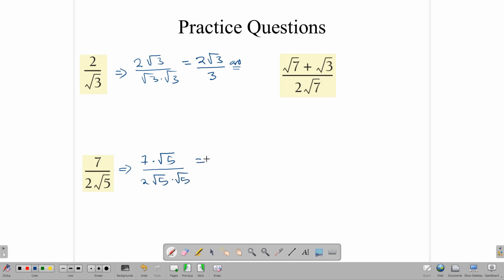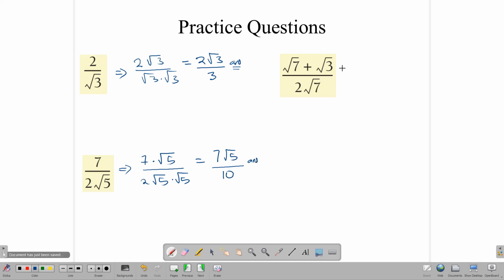And so in the numerator, we have 7 root 5 over 2 times root 5 times root 5. Now remember, root 5 times root 5 is 5. So this would be 2 times 5, which gives us 10. And that is our answer there.